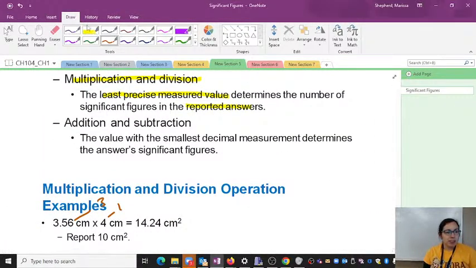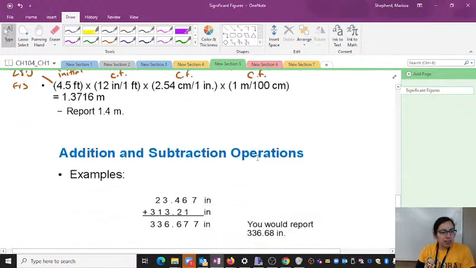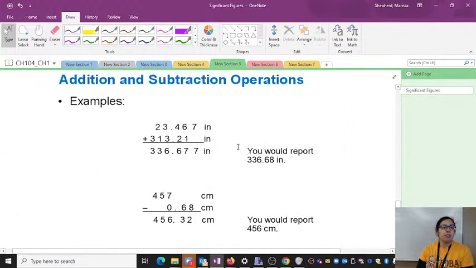Addition and subtraction is a little harder, and I only say that because I feel like you have to write it out, elementary school style, to see it. For addition and subtraction, the value with the smallest decimal measurement determines your answer's significant figures. Looking at this example, it's easy to line it up that way.